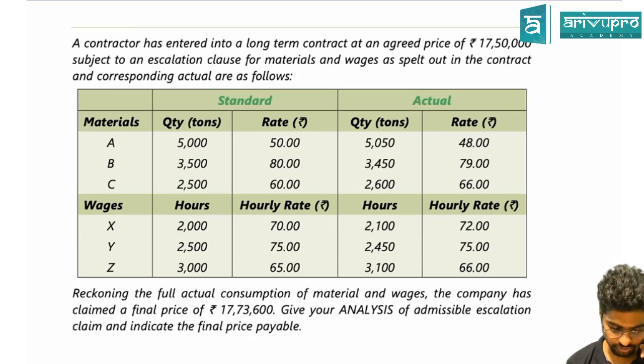Now let me first focus on the quantity. What is the standard quantity and the actual quantity? Has this guy spent more or wasted more quantity, or did he do it in actual?